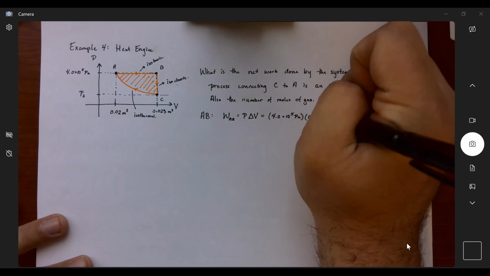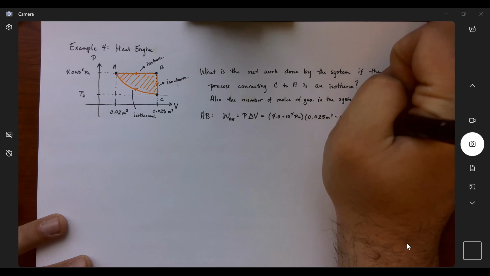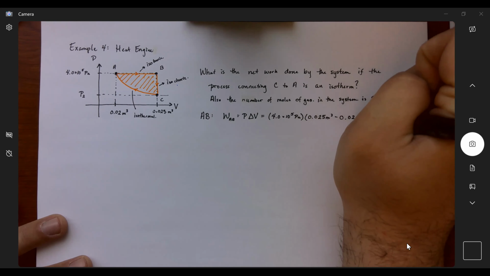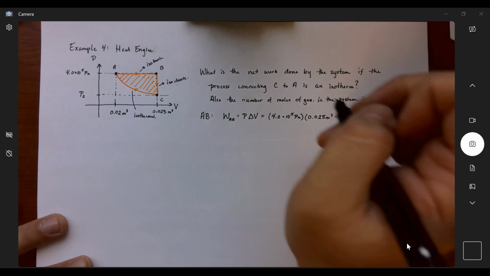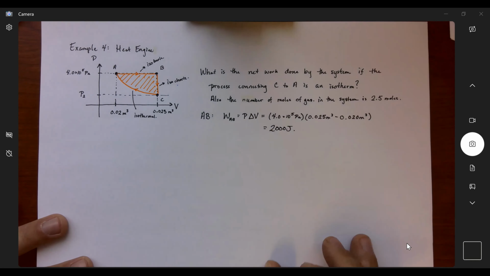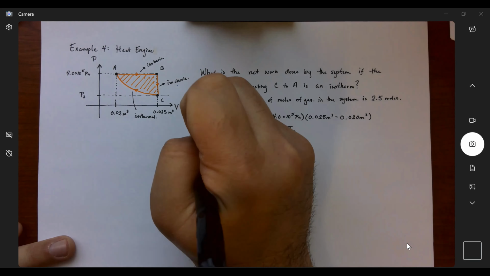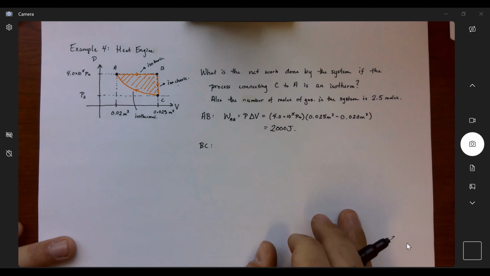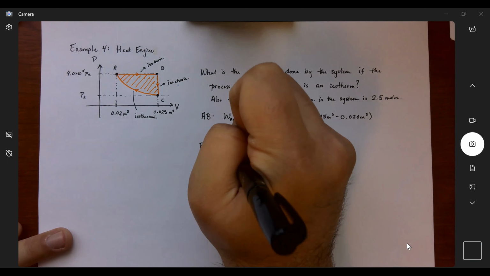So it's 0.025 cubic meters minus 0.020 cubic meters. All right. And then that gives me 2,000 joules of work being done in that particular process. Now, if we look at B to C, what is the work that's done from B to C?